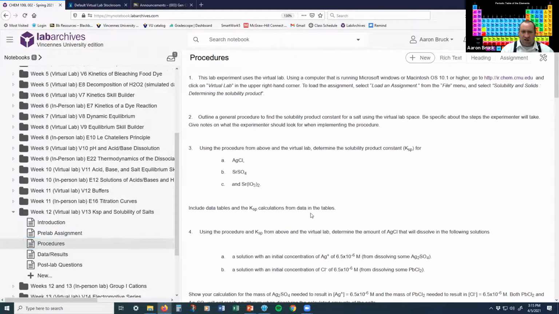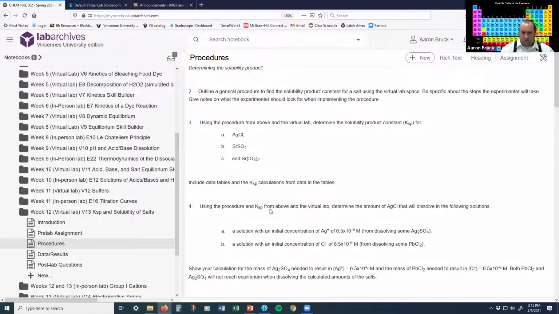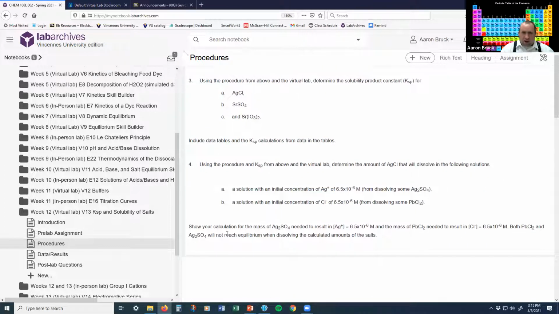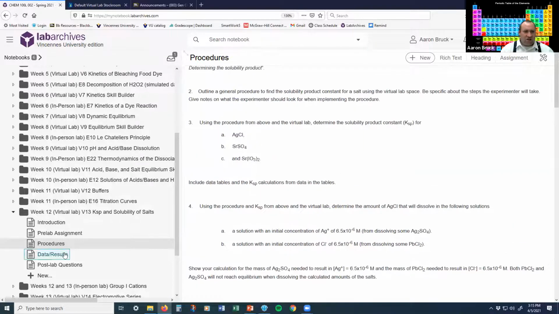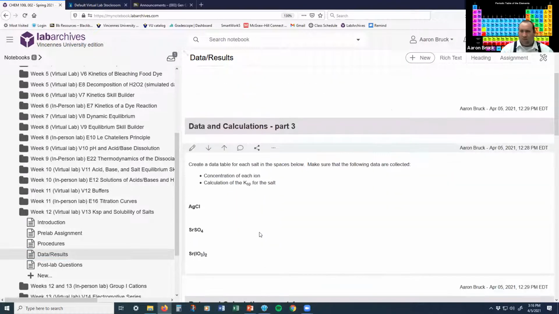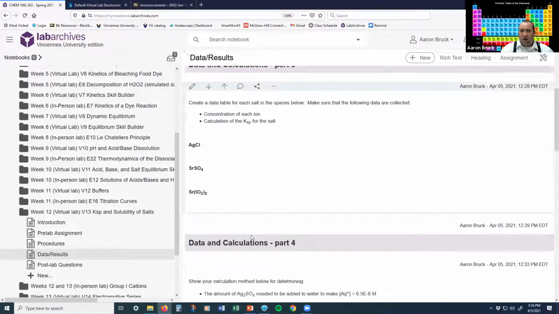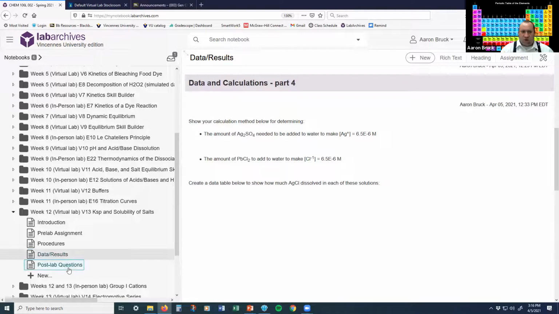The procedures here are very, very open-ended. There are a lot of different ways to go about doing the problem. But you are going to need to show in your data tables how you did the experiment, what you did, what kind of steps you took, and what the data ultimately were.